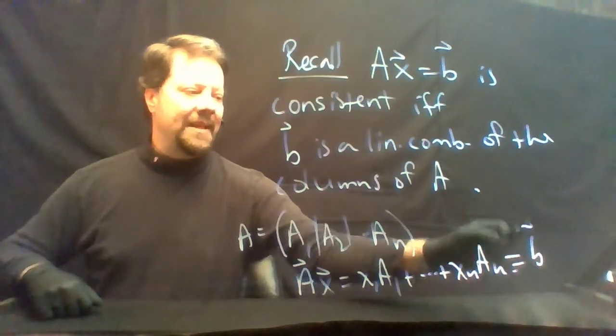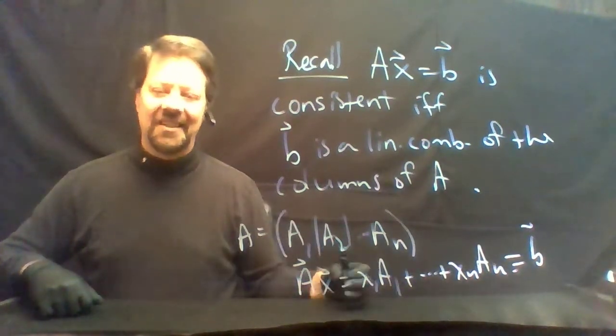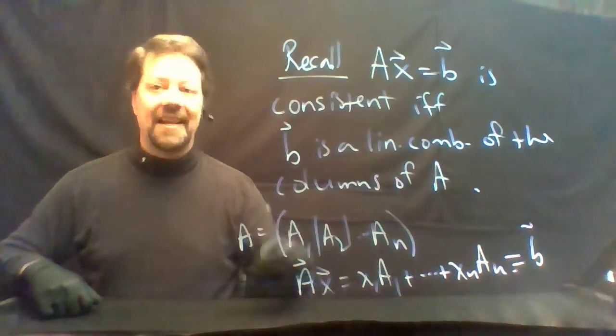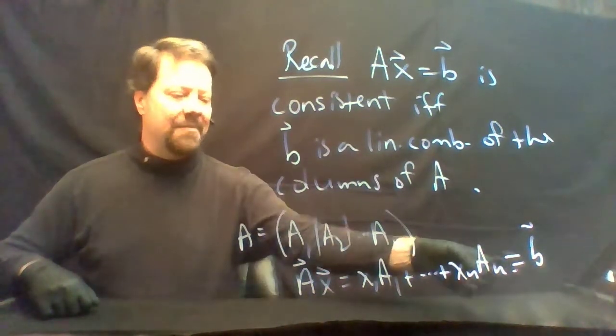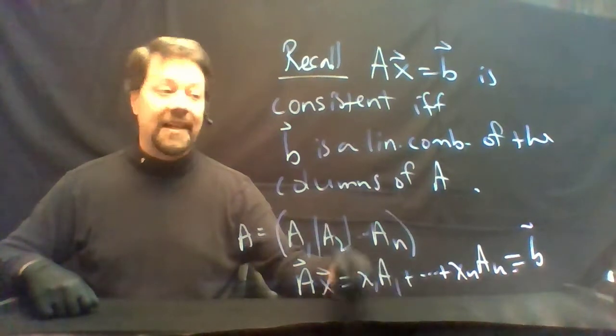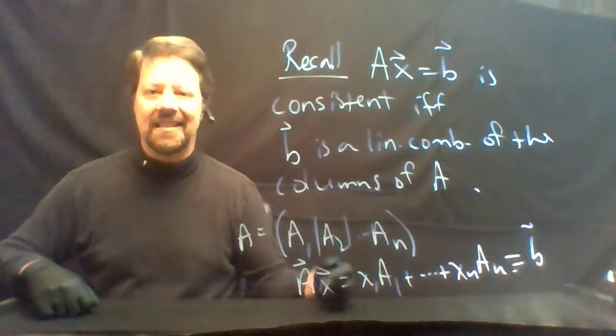If that's all equal to b, then b is a linear combination of the columns of A. If b cannot be expressed as a linear combination of the columns of A, then the system is not consistent and hence has no solution at all.